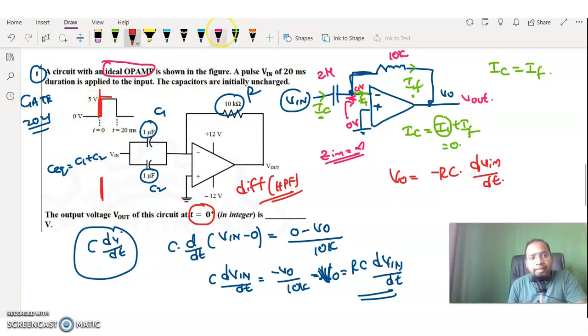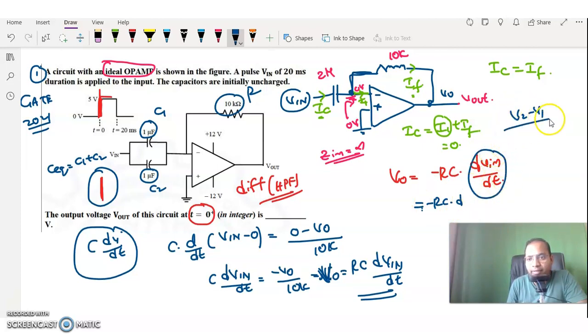So now if you differentiate this type of signal, at t is equal to 0 plus, see guys, minus RC dVin by dt can be written as V2 minus V1 divided by T2 minus T1.